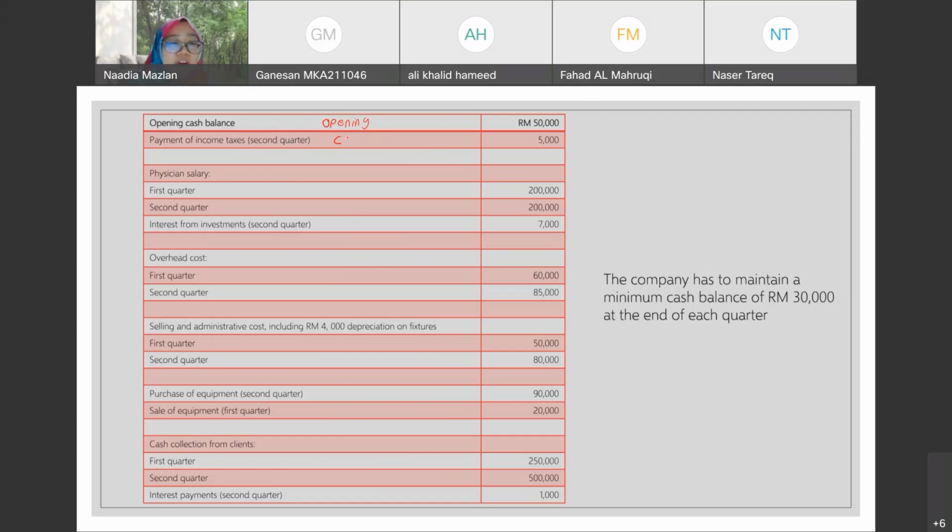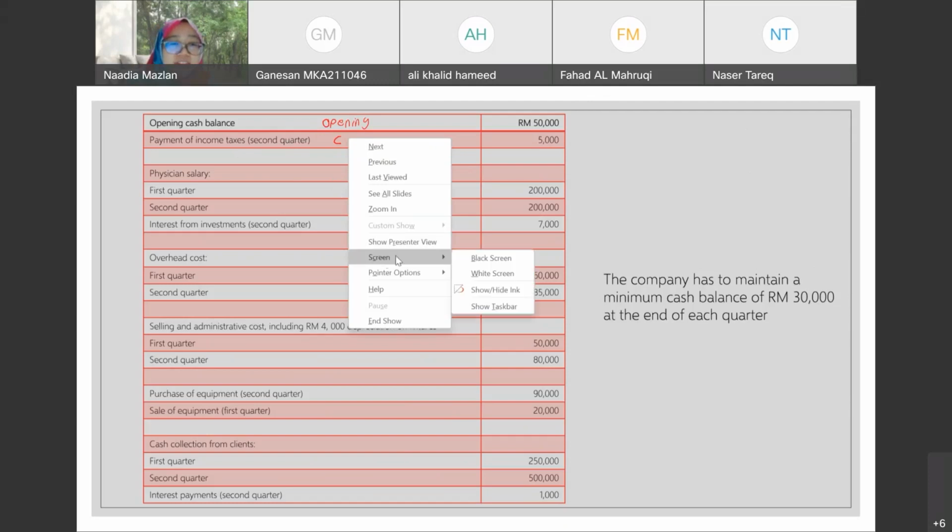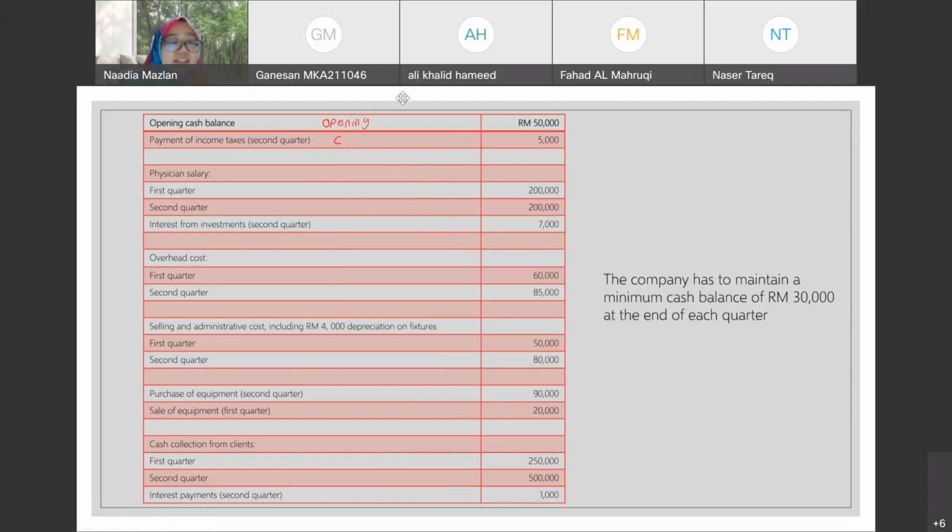Okay, so payment of income tax in the 2nd quarter is actually cash outflow, CO. Then you get physician salary, meaning the doctors' salaries. So is this inflow or outflow?